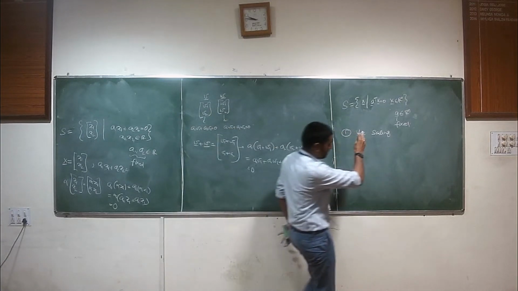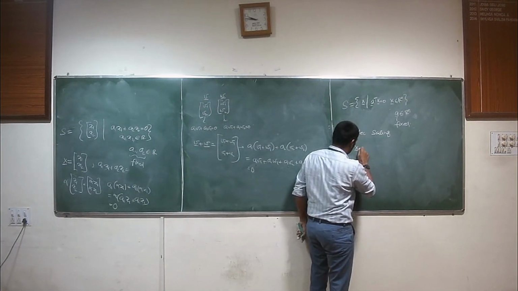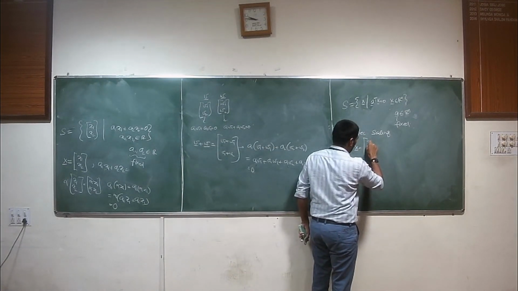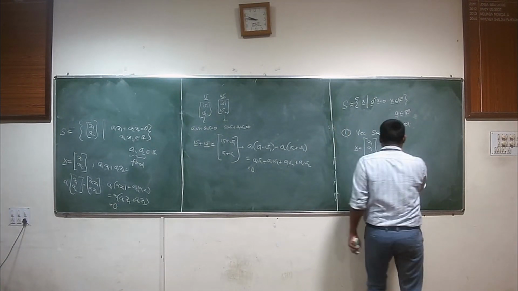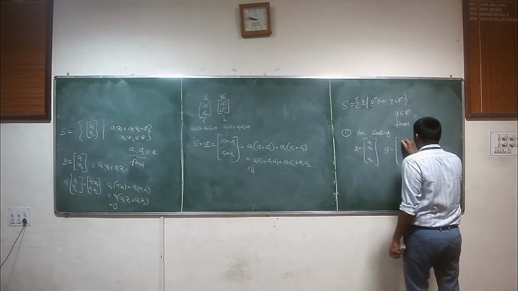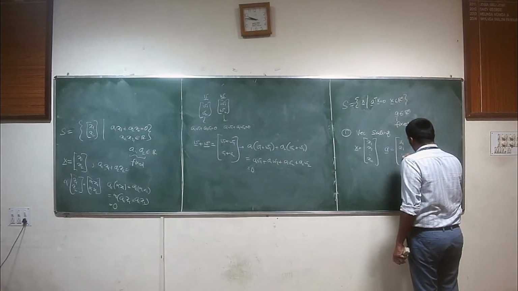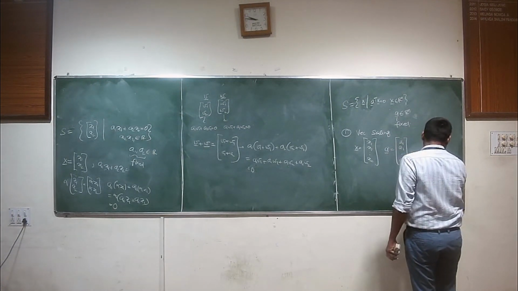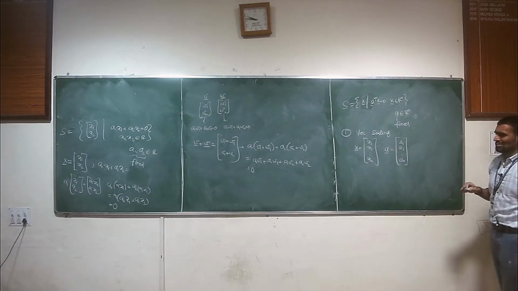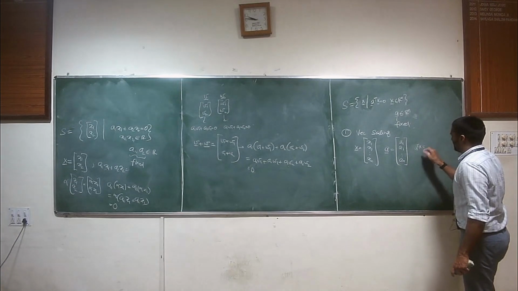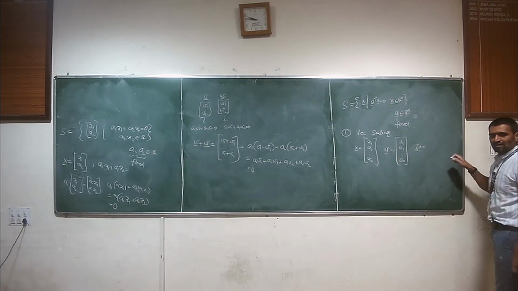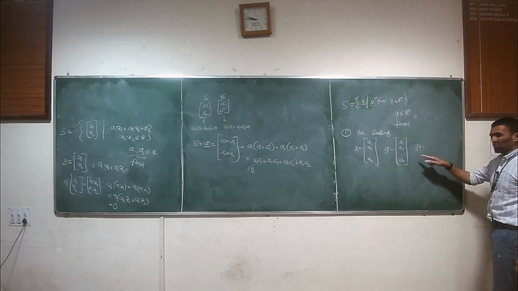If this is confusing, remember x is x1, x2, up to xn, and this vector a is nothing but a1, a2, up to an. And what is a transpose x from the definition of the standard inner product?